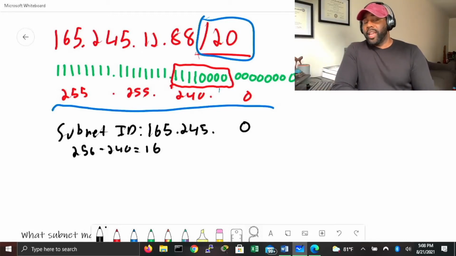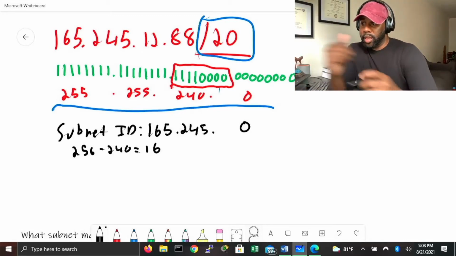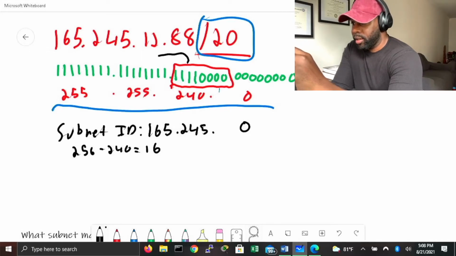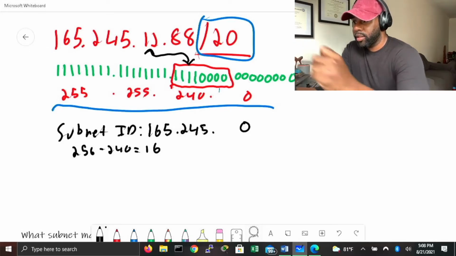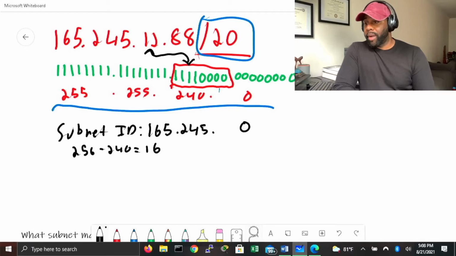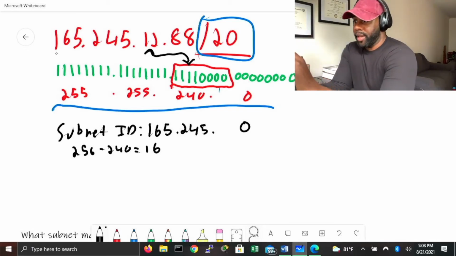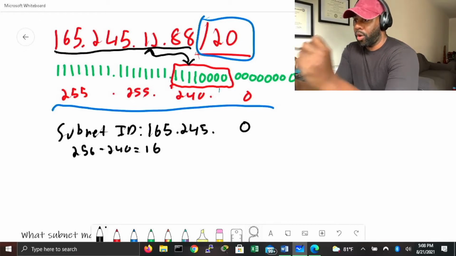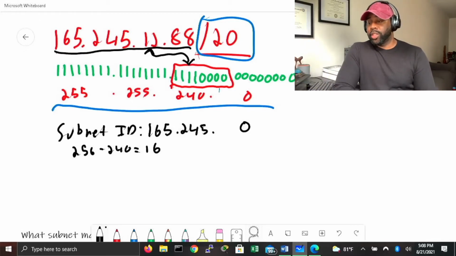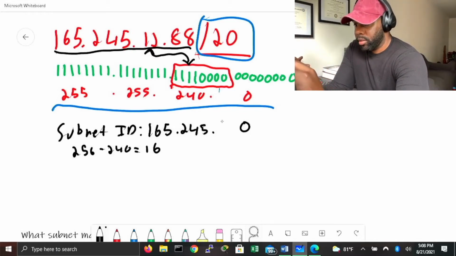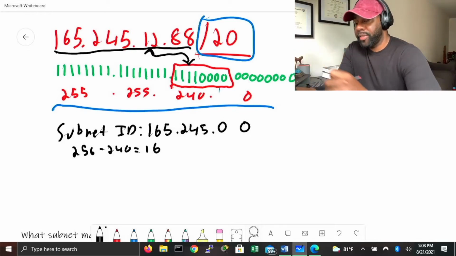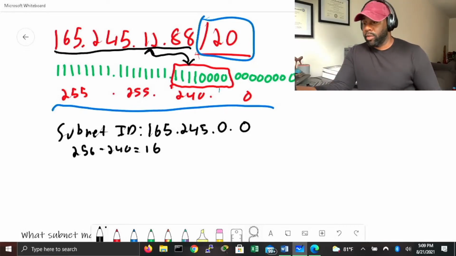Now, the interesting octet corresponds to this right here. And by virtue of the whole group size thing, we know that this IP address is going to fall within the range of the subnet ID of 165.245.0.0. Let's do our structure picture again.